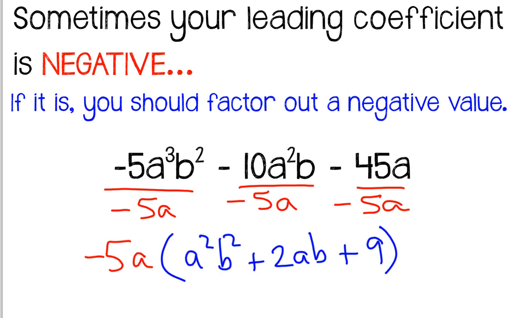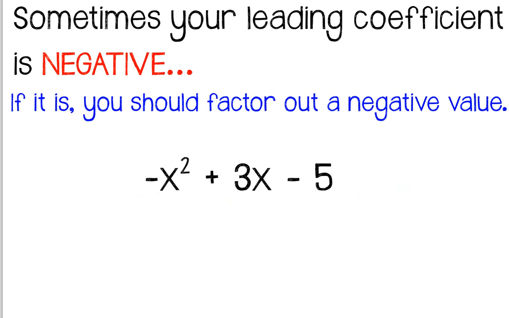All right, let's take a look at the very last one here. I don't see much that they have in common, but it does say that if you have a negative leading coefficient, you should factor out a negative value. Now the problem is if they don't have a common factor and they don't have any common variables, then you simply choose negative 1 as your factor.